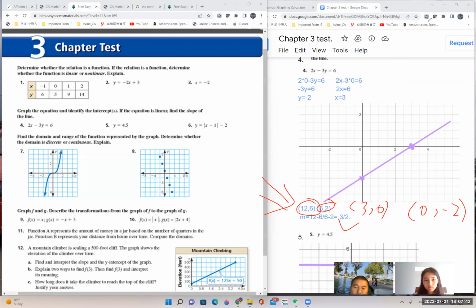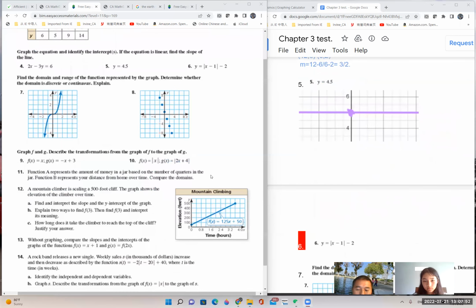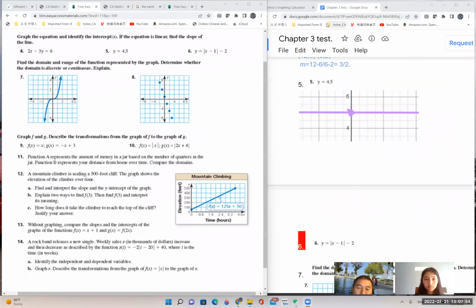Okay, let me see. Problem 5. Y equal to this. Yeah, keep going. You need to mention its intercept and slope because it's a line, right? And by the way, for the line, you need to mention arrow at both ends.